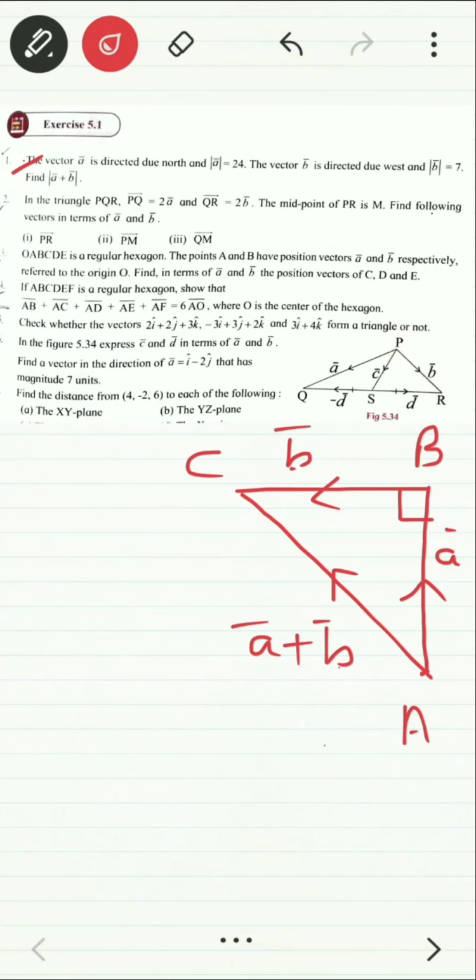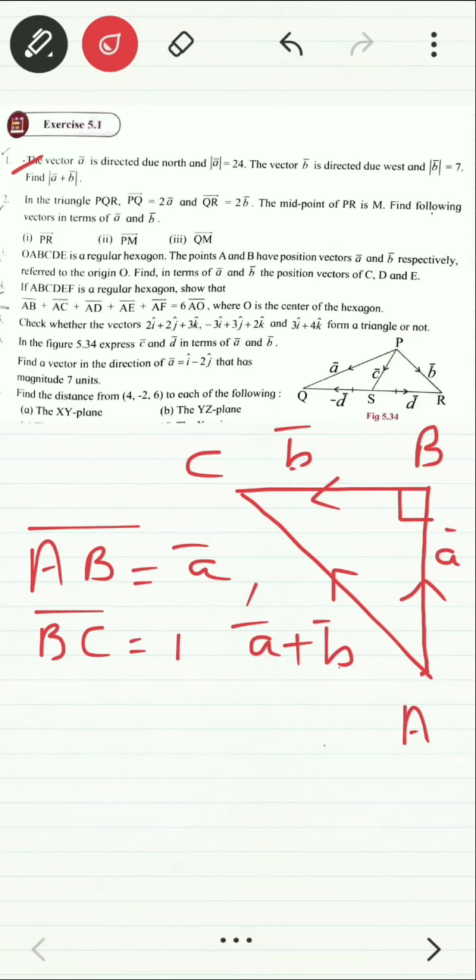So here we have vector AB as A bar, vector BC as B bar, and AC becomes AB plus BC, which is A bar plus B bar.